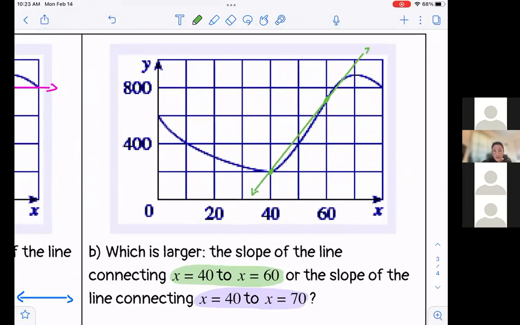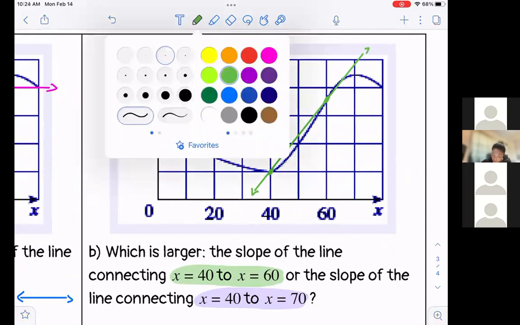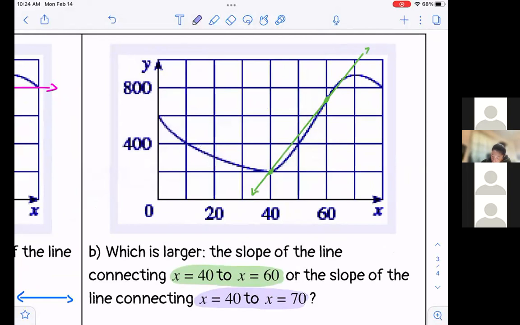All right. So we've got that as the green line, and then the purple line would be same starting point, but going to 70, which is here. Oh, that's a terrible line. Let's try that again. Oh, that's better. Okay. All right.